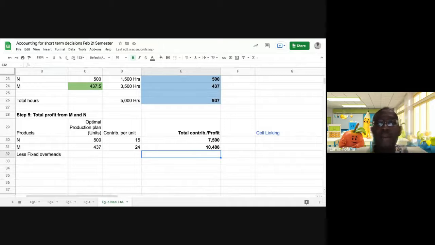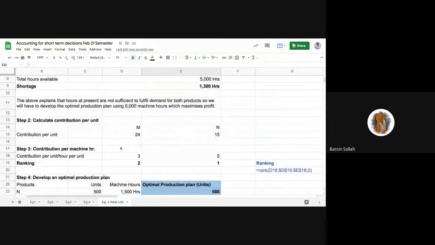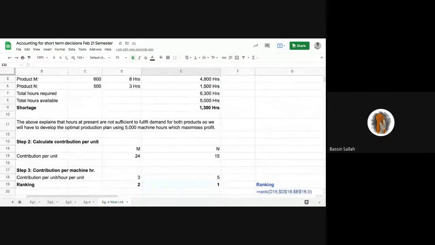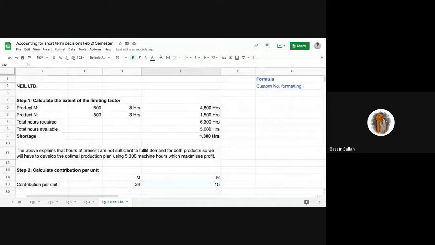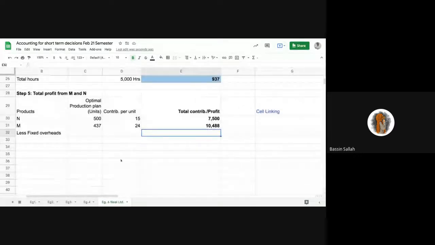So our fixed overheads, how are we going to calculate them? It's going to be the fixed cost times the sales per unit.